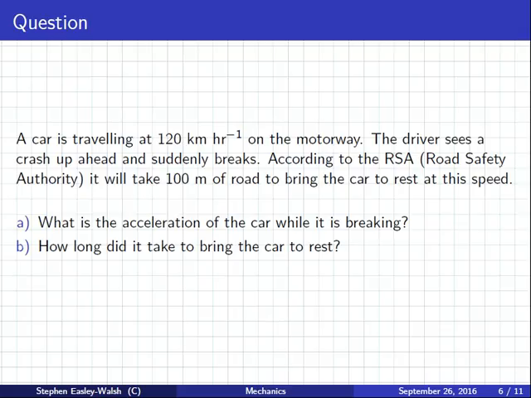Any answers yet? T is 6 seconds. Could be. Did you get the same? Yeah. Right. Let's have a look.